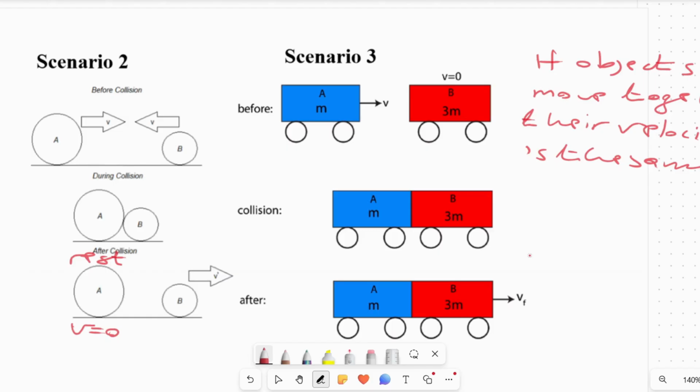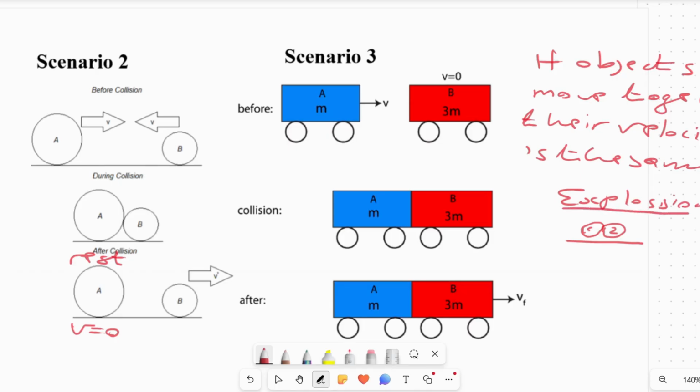Then another scenario that I did not put here is where two objects are at rest together, like a bomb. Maybe before the collision, before they explode. Think about an explosion.